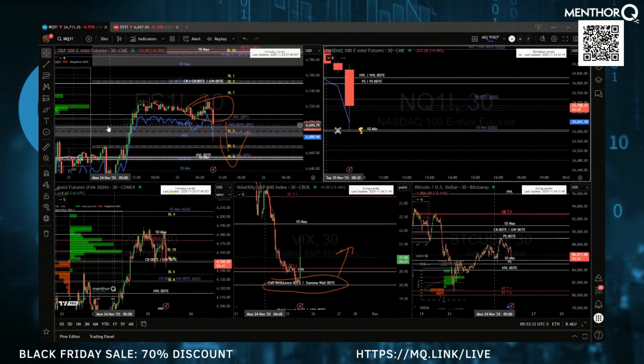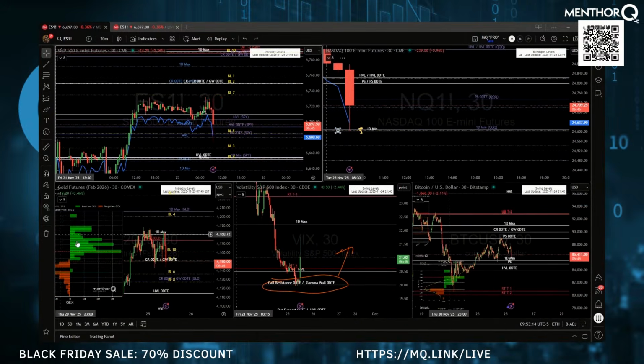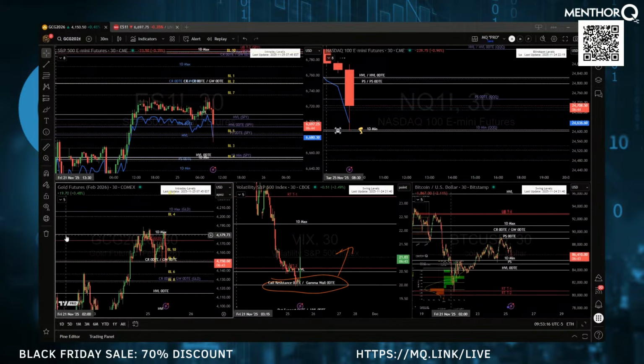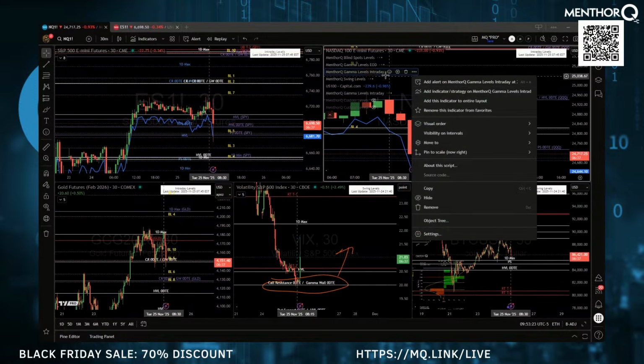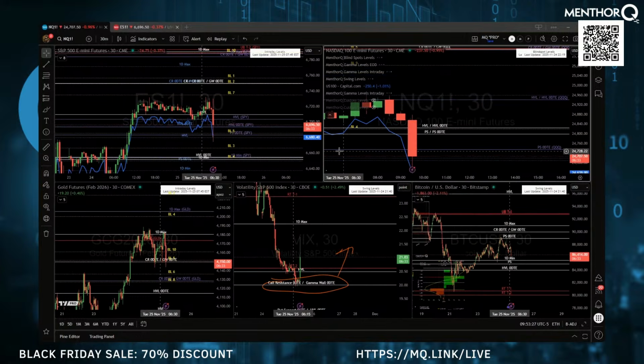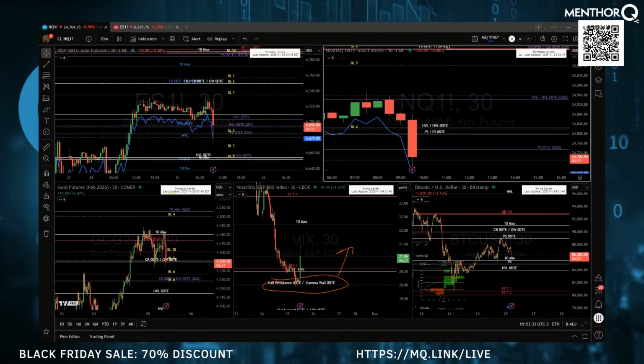What I can say is that we are now above the high wall, the major high wall intraday level on SPX. So this is also really interesting. If you're maybe trying to short this again, plan A, or if you're trying to push this to the upside, plan B. So the high wall, or the high wall 0 DTE, could be a guidance for you.